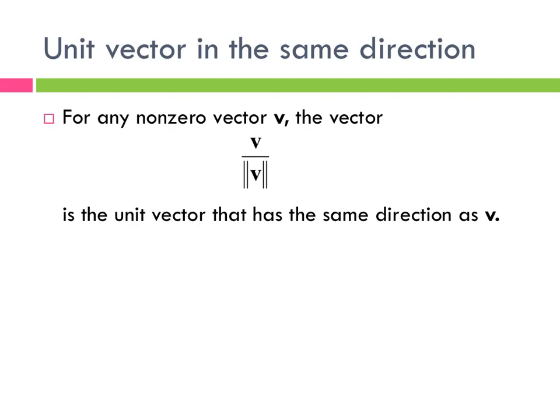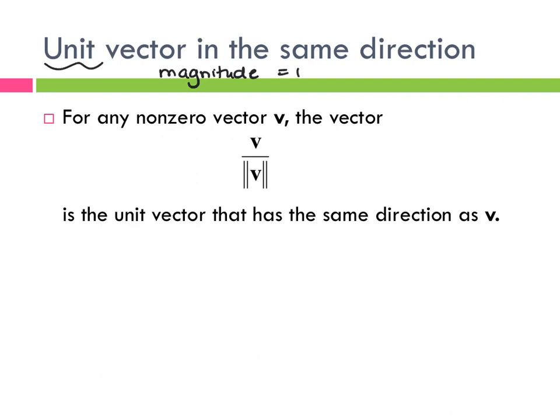Next up is unit vector in the same direction. So if we want to find a unit vector in the same direction, we want the new vector to still have the same change in x and change in y, or same direction. But unit means that my magnitude is just going to be 1. So I only want it to be 1 unit, so I want the length to be 1.